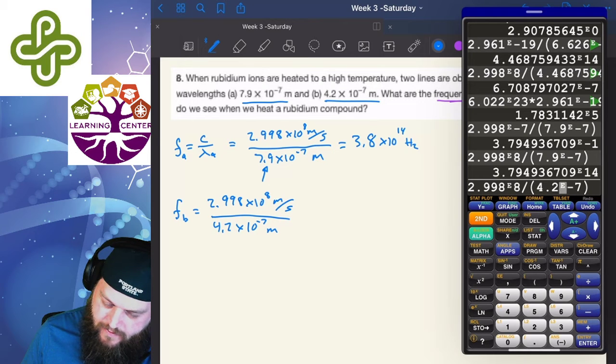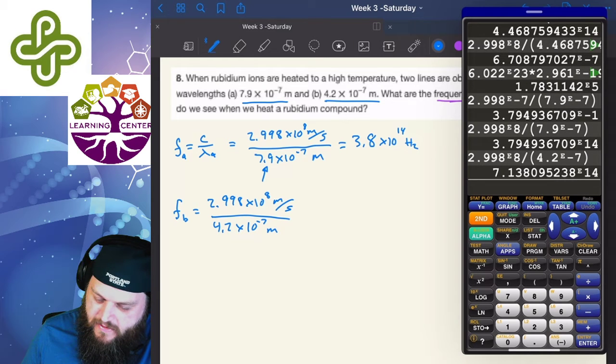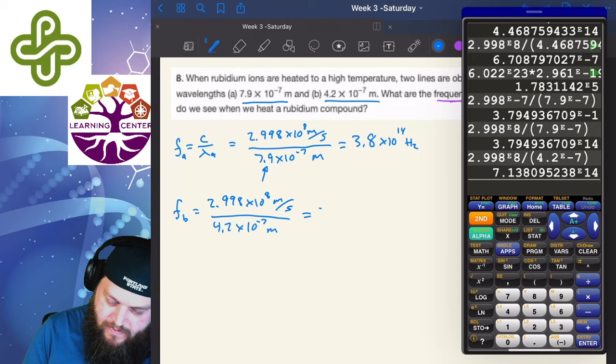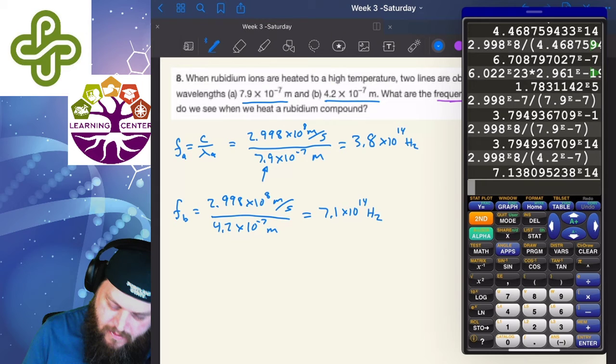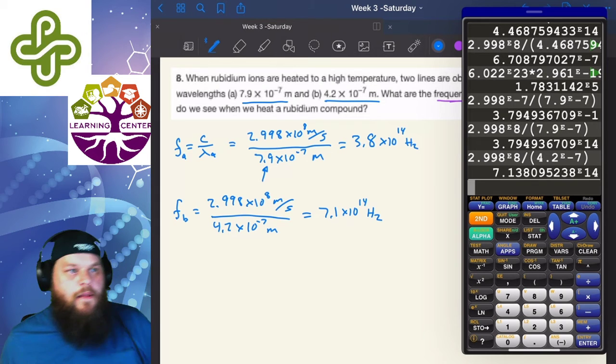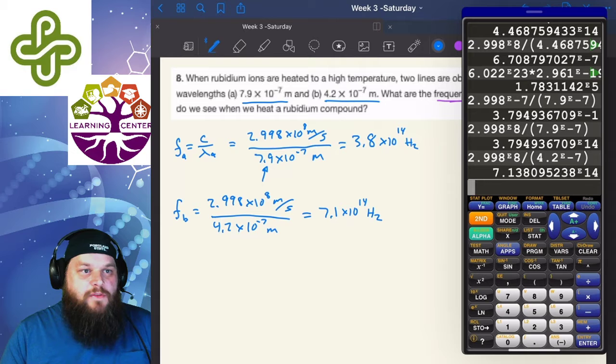This just changes to 4.2; we still have the right exponents. This is equal to 7.13, say 7.1 times 10 to the 14 hertz. So based on those wavelengths, we were able to find the frequencies of those two lines.